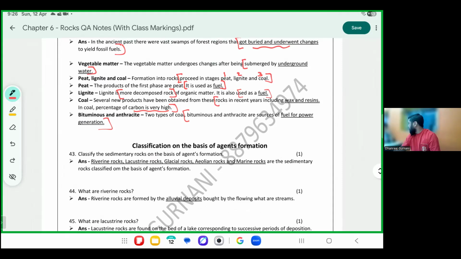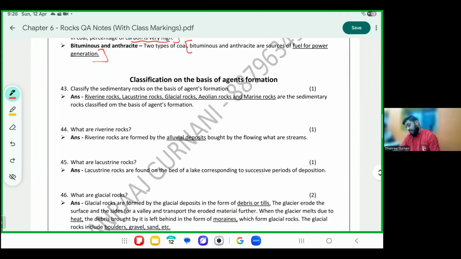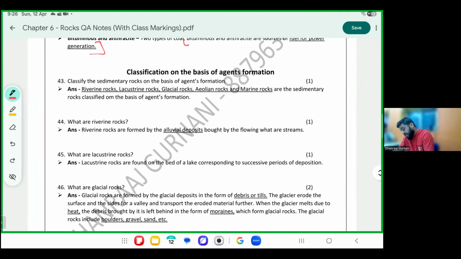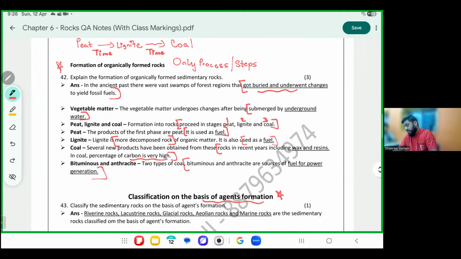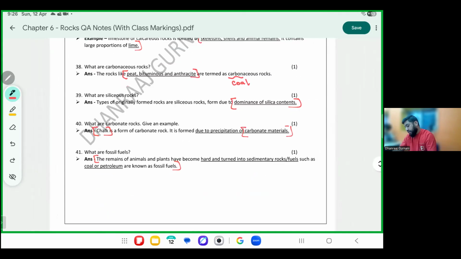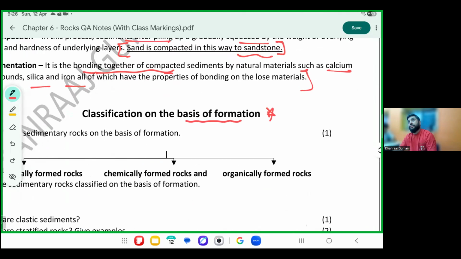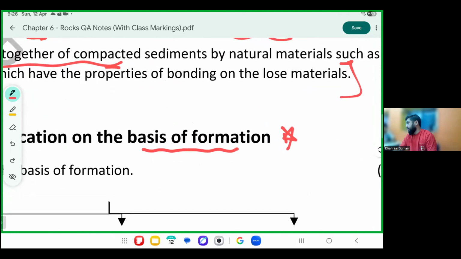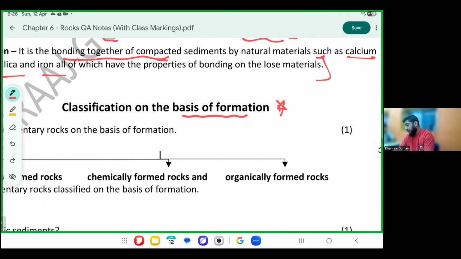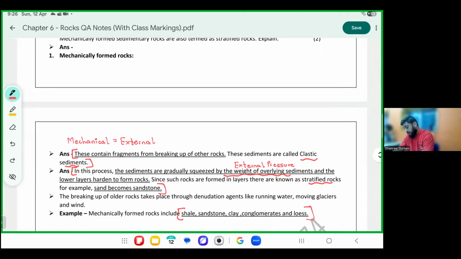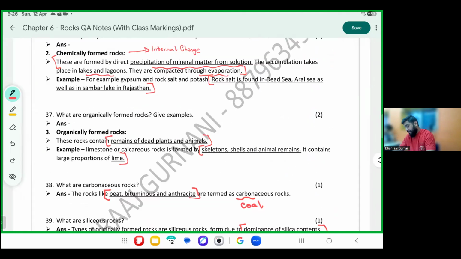Can you look at the screen? On the basis of agents of formation, please mark a star there. If I take you to the previous page, it was on the basis of formation. Now we are learning on the basis of agents of formation.